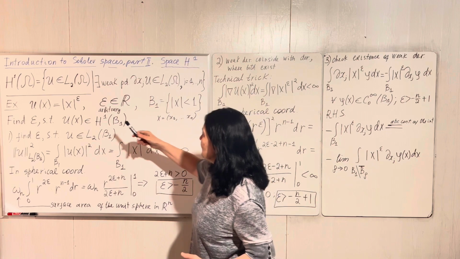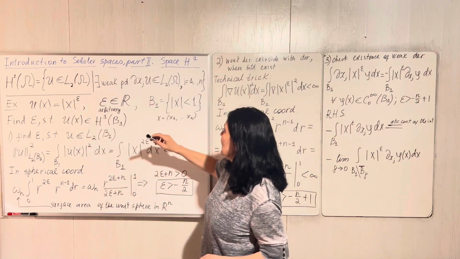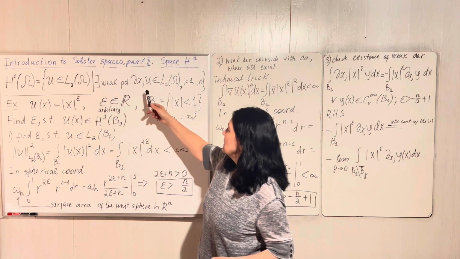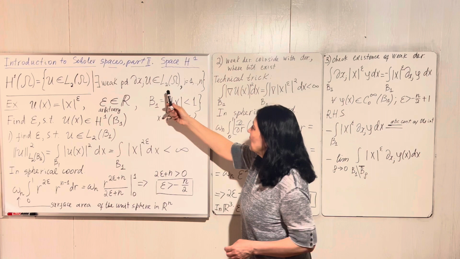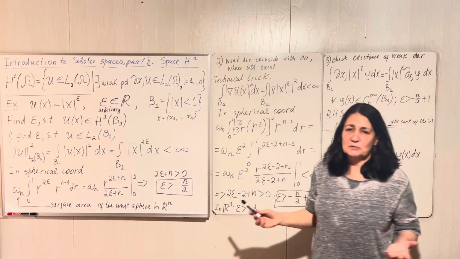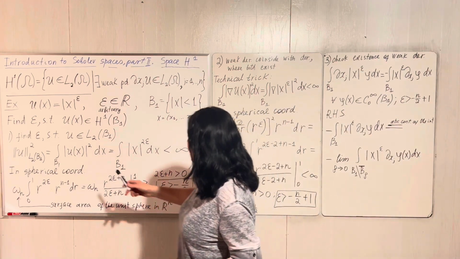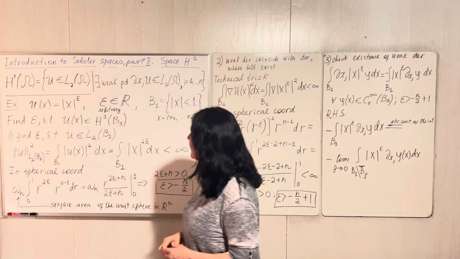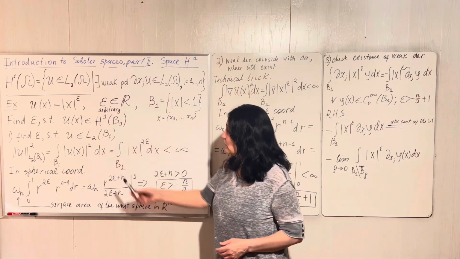So the plan is we will find epsilon for which u is in L2. Then we will find where we can compute derivatives and where the derivatives are in L2, and then we will check the existence of weak derivatives. So this is the plan. First, let's find epsilon such that u is in L2.